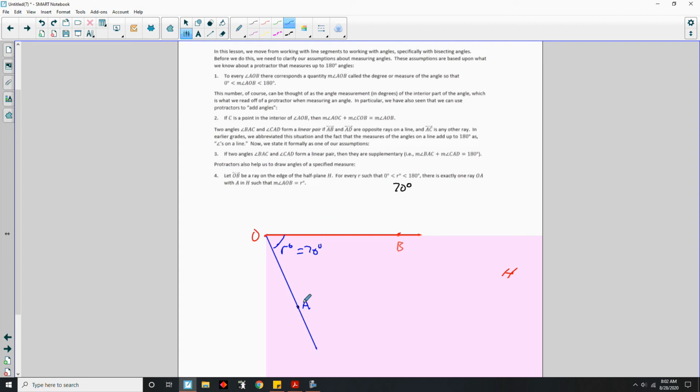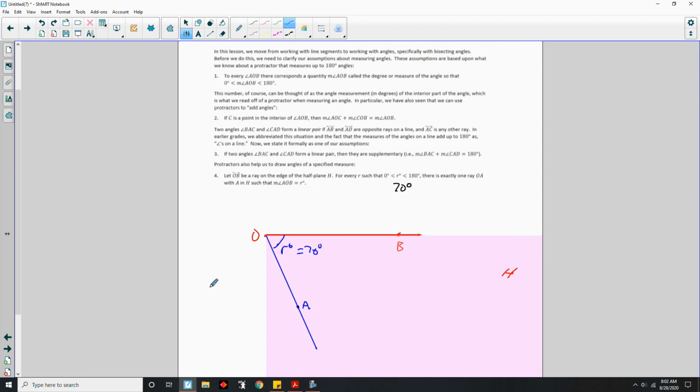Okay, that makes sense? That is the only point in this side of the ray OB plane that would make a 70-degree angle. If I moved it over here, it'd be 70, but there's no ray over here. And actually this plane would continue this way because it said R is between 0 and 180.